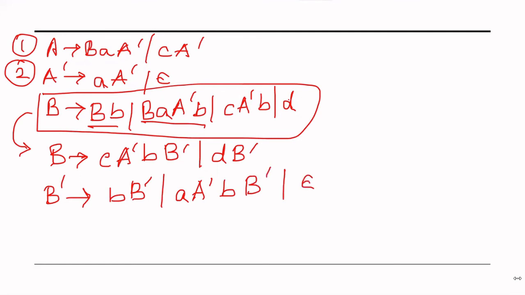Okay, so here we have our production. So now this is going to be our production number 3. If we look at 1, 2 and 3, we'll see that none of these have left recursion anywhere, either directly or indirectly.